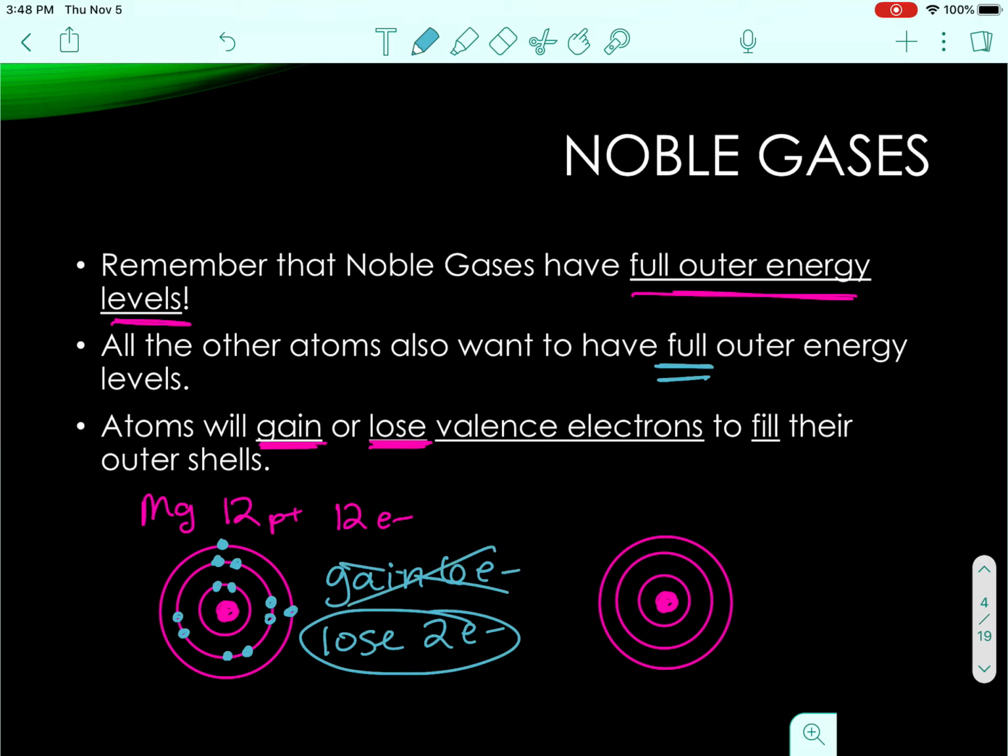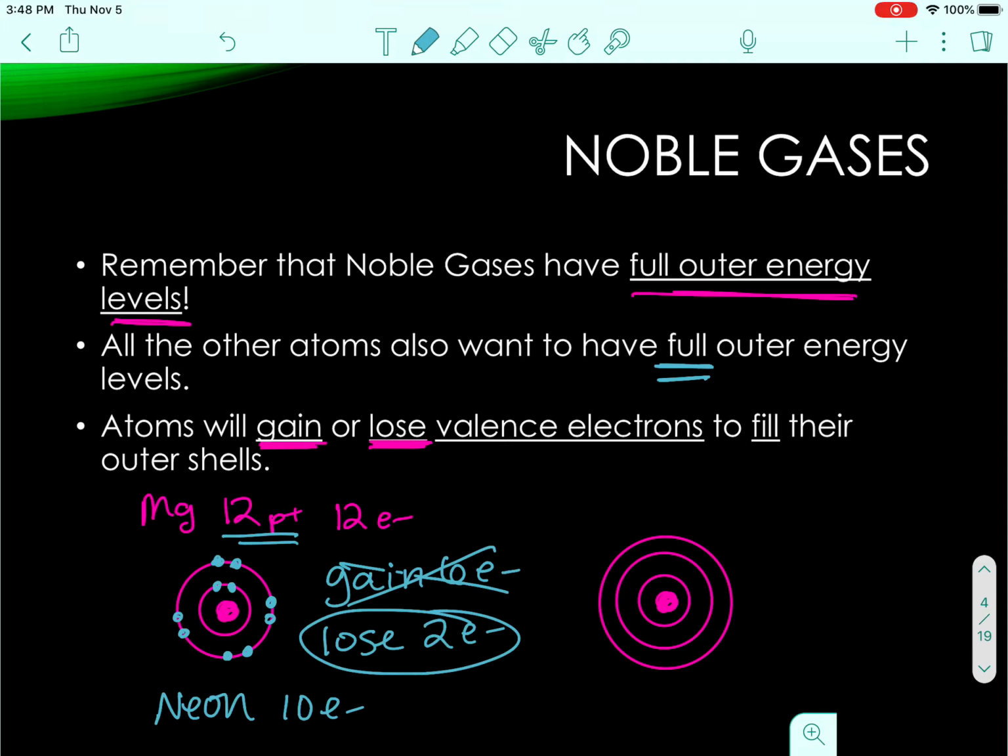Okay, gaining 6 electrons would take way too much energy. So if we get rid of these 2 electrons, okay, so now this configuration is the same electron configuration as neon. And neon is a noble gas. It has 10 electrons. Okay, but the atom is still magnesium because it has 12 protons.